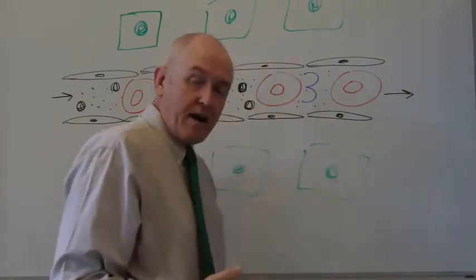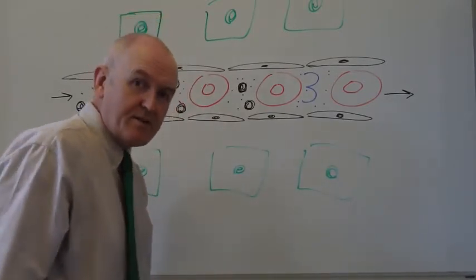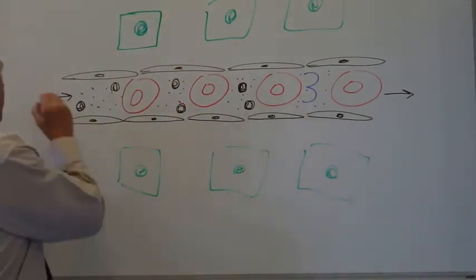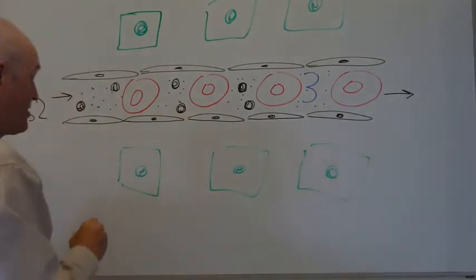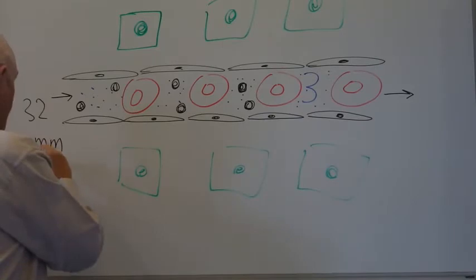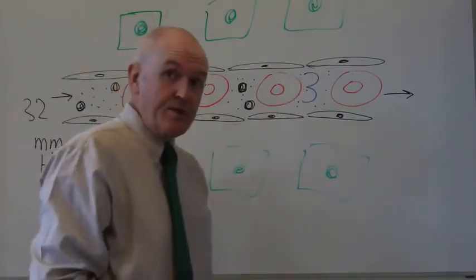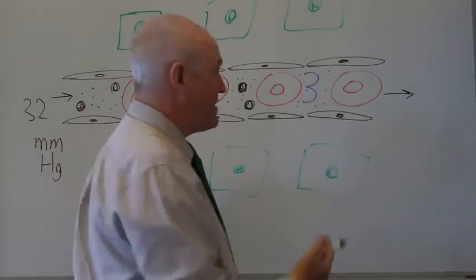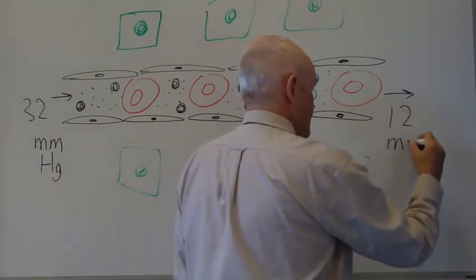Arteries have higher blood pressures than veins. So the blood entering the capillary from the arteriole is going to be about 32 millimeters of mercury. By the time it leaves into the venule at the venous end of the capillary, that's dropped to about 12 millimeters of mercury.